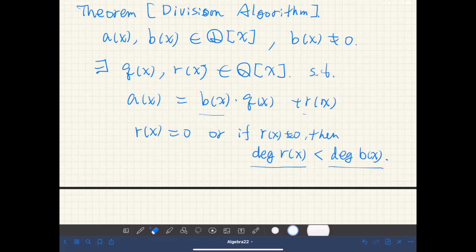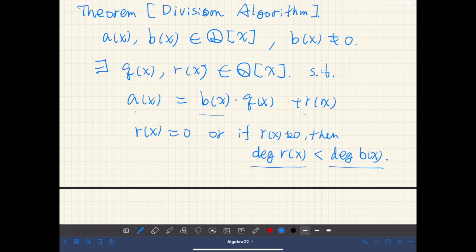So when r of x is 0, that means b of x is a divisor of a of x. Otherwise, the degree of r of x is greater than 0, not exactly greater than 0.